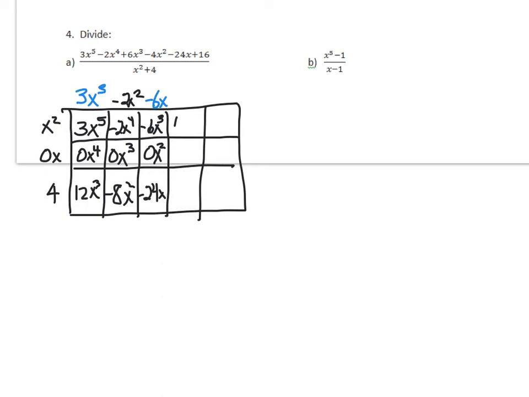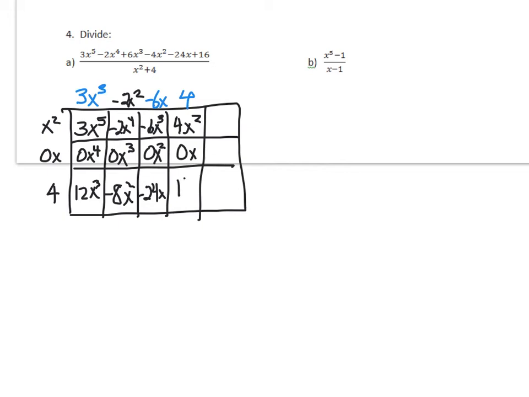I think it's going to be a positive 4x squared. Go back and check your diagonal total and make sure you've got what you need there. 4x squared divided by x squared, or what do I have to multiply x squared by to get 4x squared? That's going to be a 4. 4 times x squared is 4x squared. 4 times 0x is 0x.